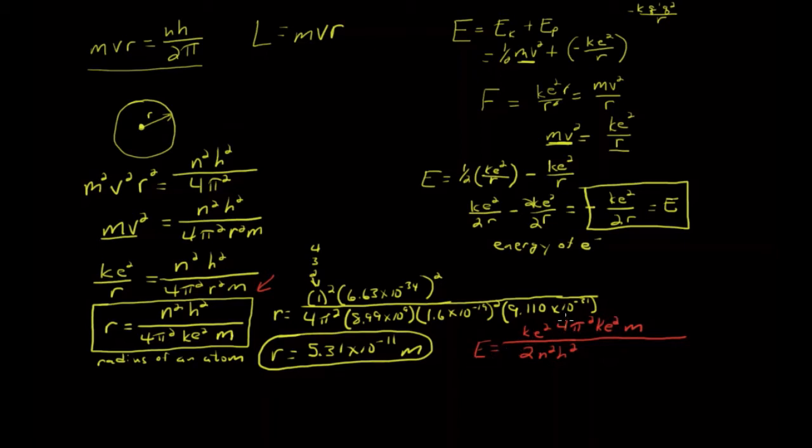The ke's can combine, so we actually get 4 pi squared k squared e to the 4th m over 2n squared h squared.